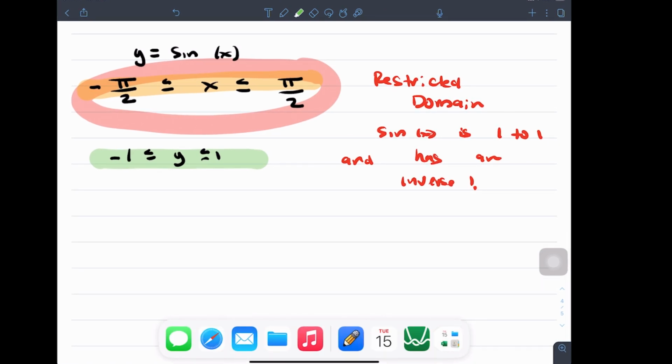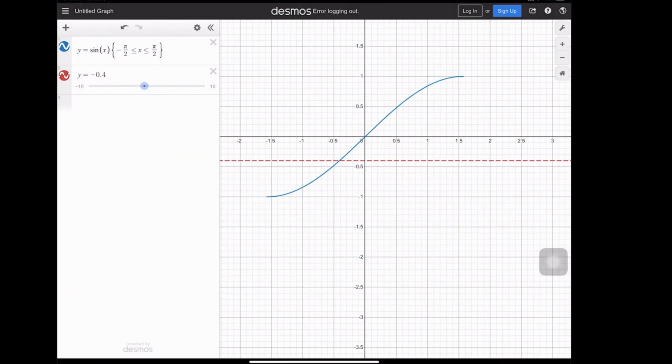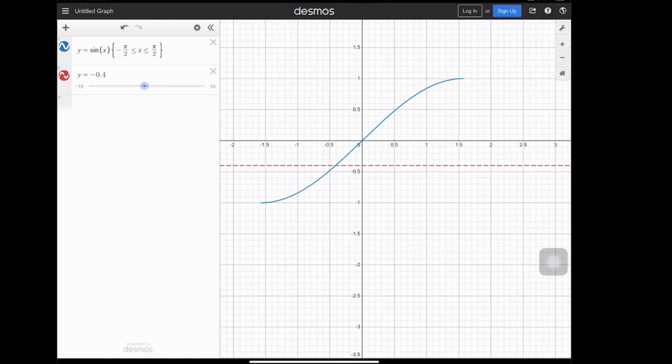So I want to go back to this picture in Desmos. And there is a way. Let me see if I can do this.